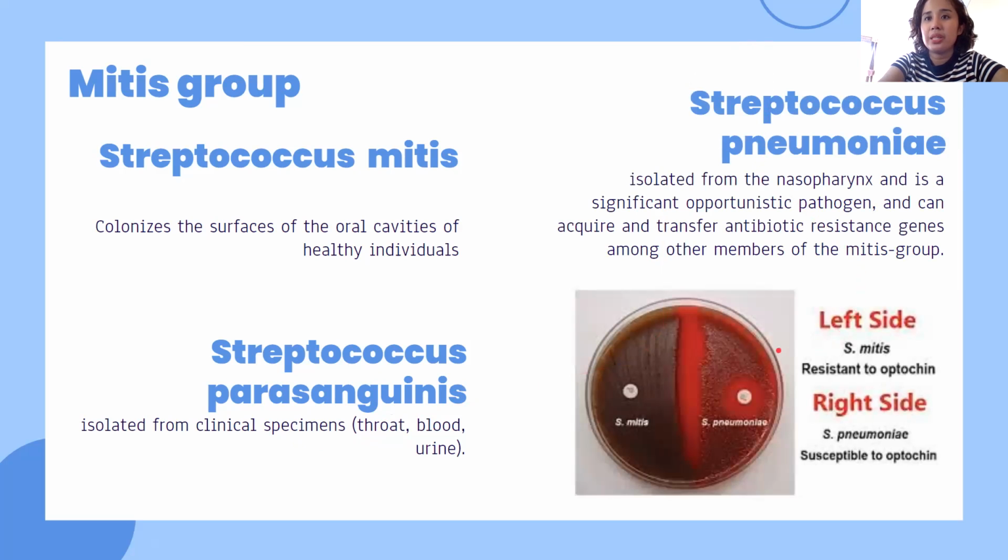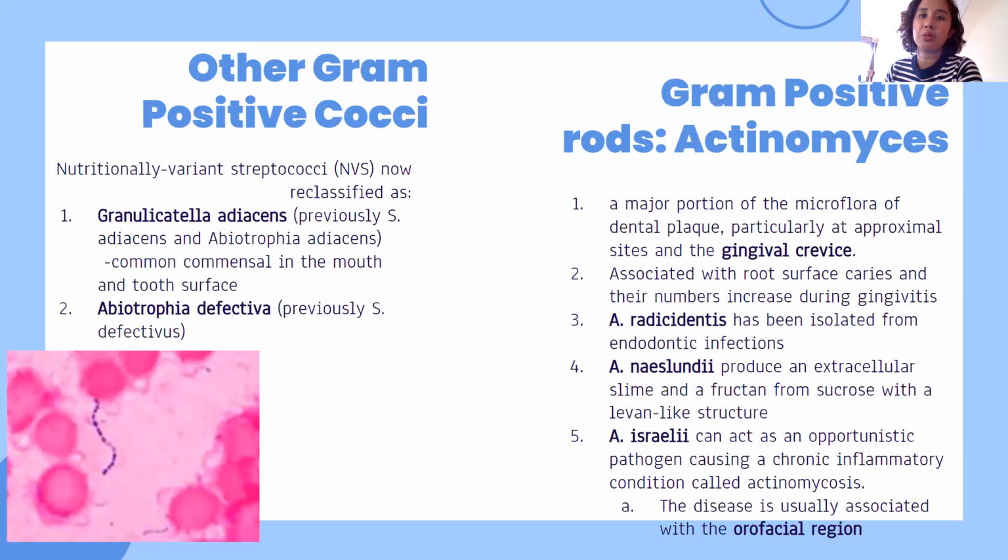Left side, mitis. Right side, pneumoniae, susceptible to optochin. So optochin, guys, is an antibiotic. Pneumoniae is killed by optochin, but mitis is not. So careful utilization of antibiotics is needed. You need to know which antibiotic works for the bacteria.